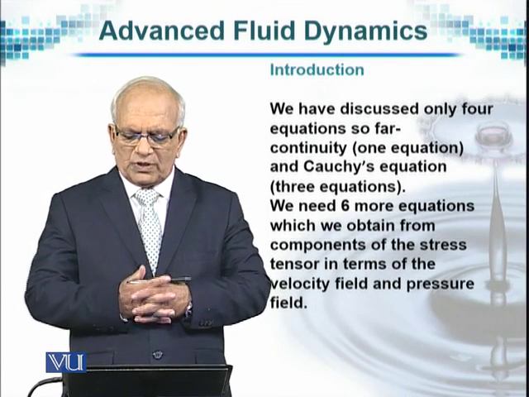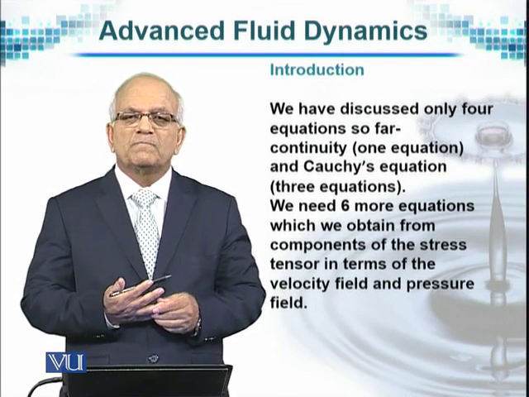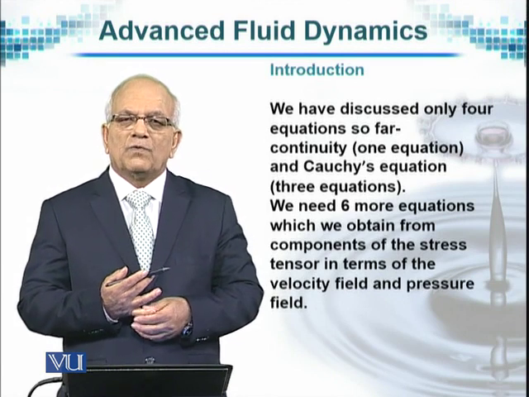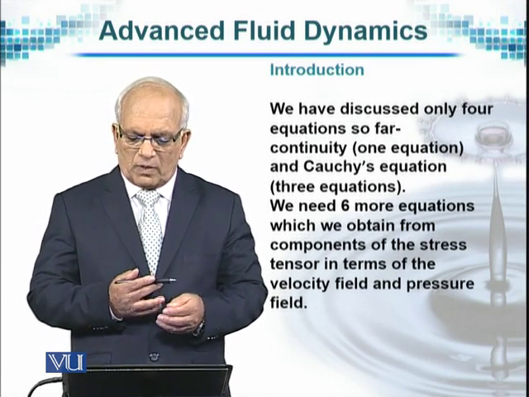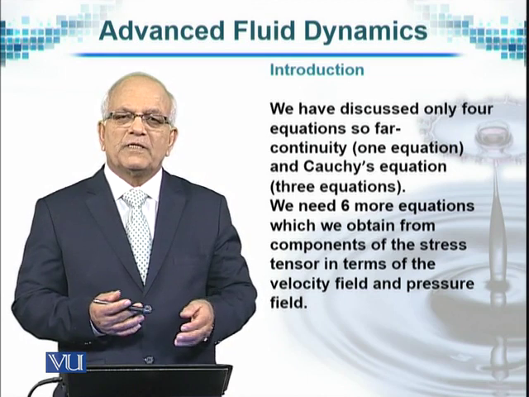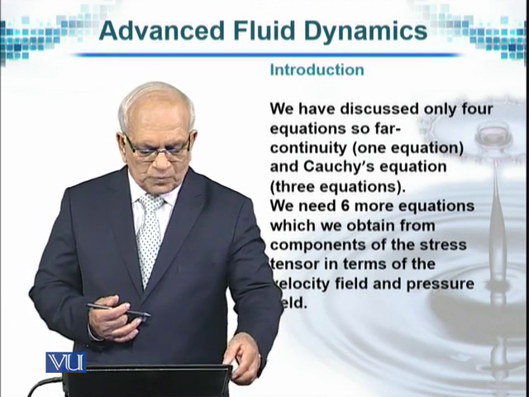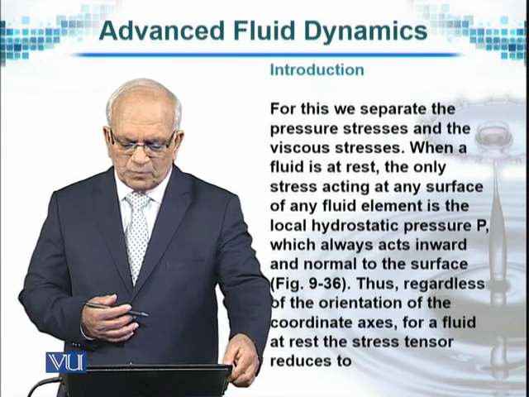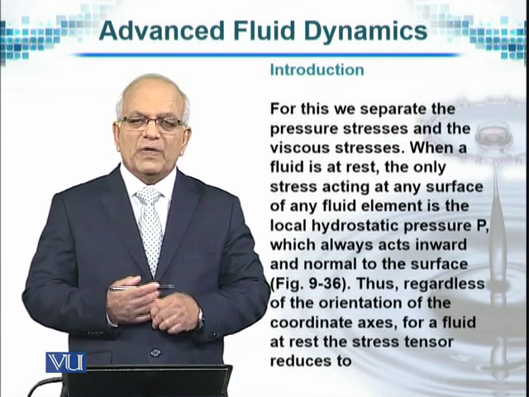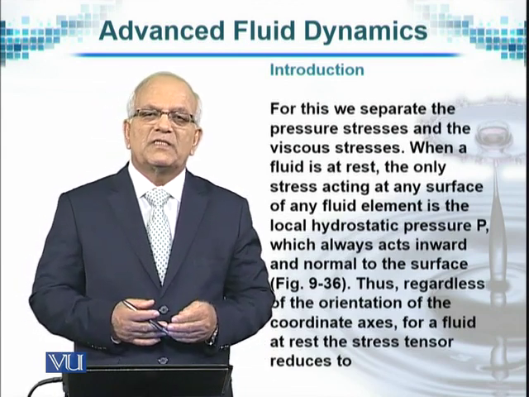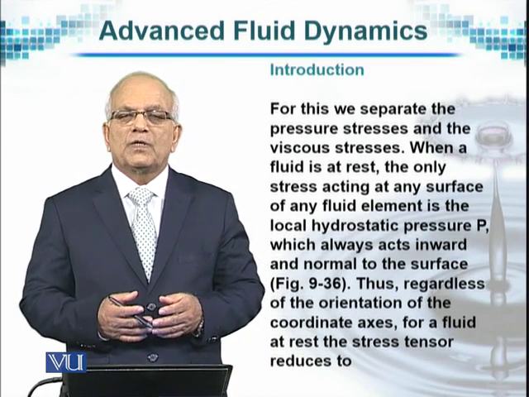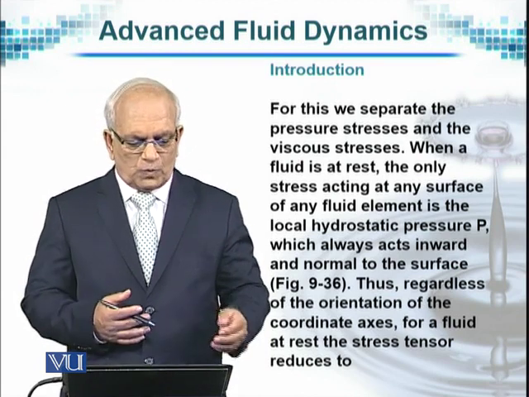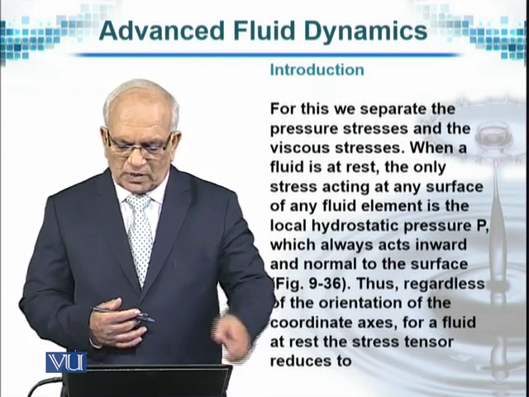So since there are 4 equations to solve, that gives us the velocity, and that includes pressure as well as rho. So how do we come around this? That is why we need to derive the Navier-Stokes equation, so that we can somehow try to solve them.